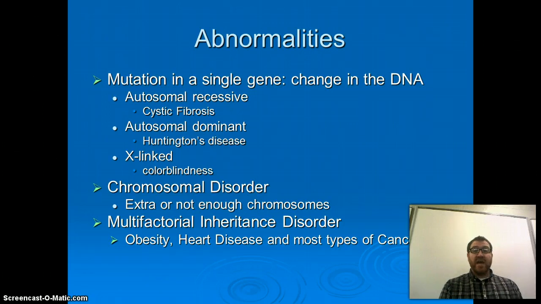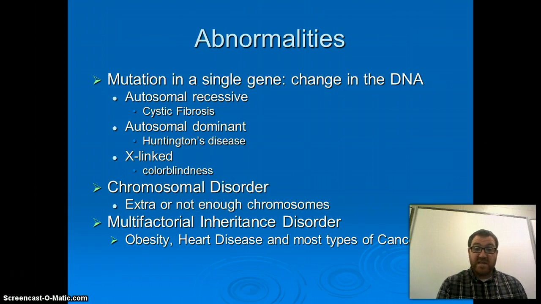Or you could have one that's X-linked. An example of that would be colorblindness, which we talked about in the X-linked trait video. You could also have a chromosome disorder, where either you don't have enough chromosomes or you have extra chromosomes. Those abnormalities also range into the multifactorial zone, where there's multiple factors in play with respect to certain diseases.